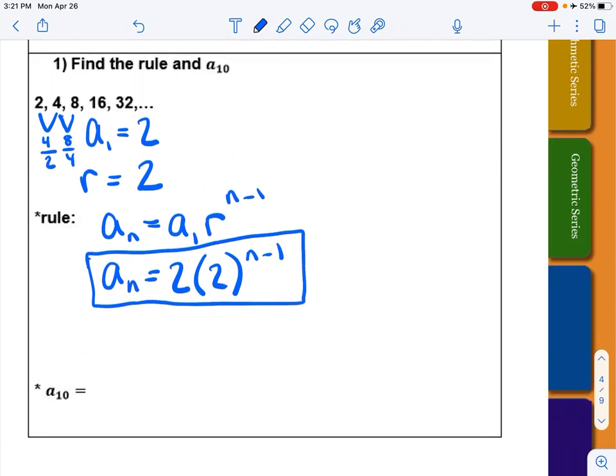To solve for a sub 10, that would almost probably be easy enough to just solve for by using the common ratio and just finding all 10 terms. But because we have the rule, we might as well use it. I plugged in 10. Oops, my bad. That should be a 1.